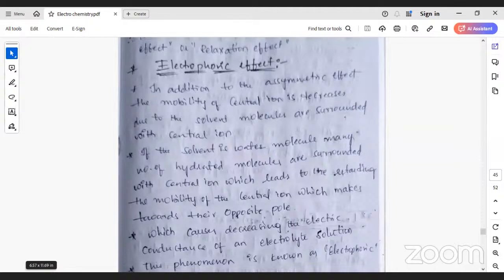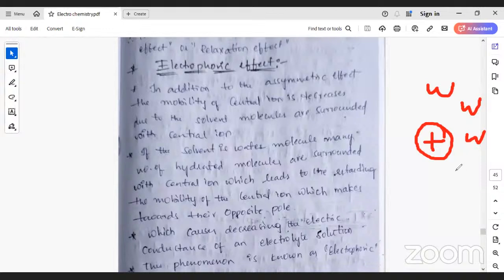What is the meaning of the electrophoretic effect? For example, if we consider the central ion to be a positive ion, this central ion is surrounded with water molecules, if we use water as the solvent.